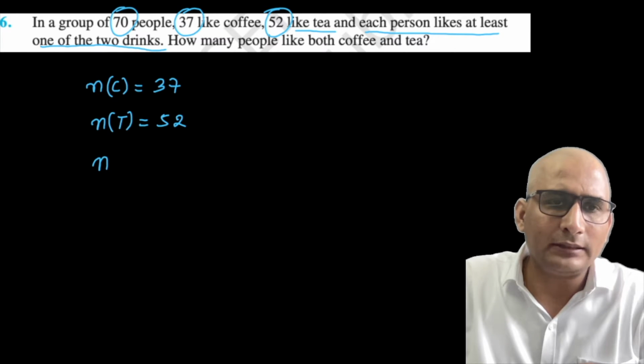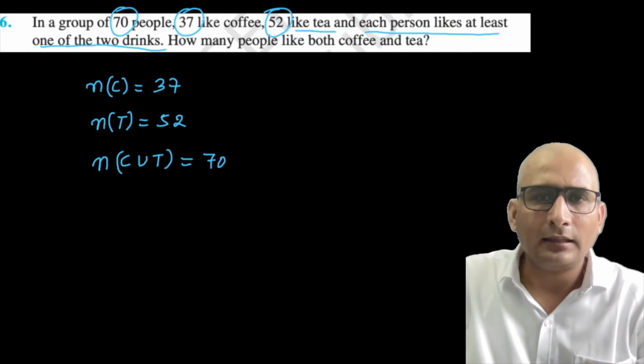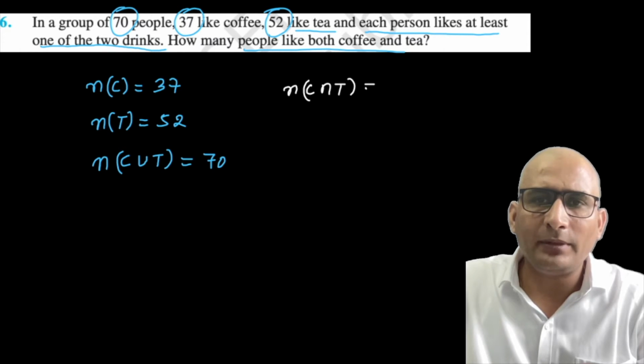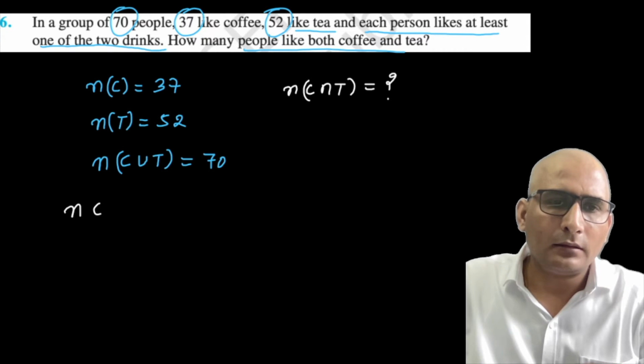So this is given union, C union T, those who like coffee and also like tea, that is 70 people. How many people like both? So what we need to find in this question is n(C intersection T), the common between coffee and tea, right? So let me write the identity here. Which identity am I going to use?